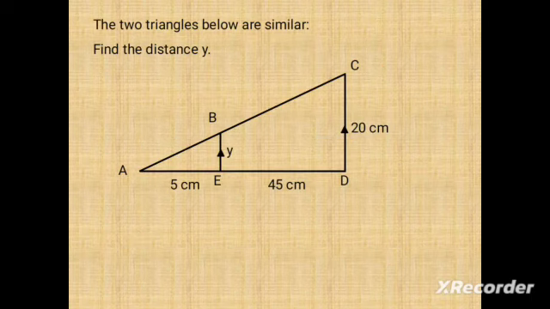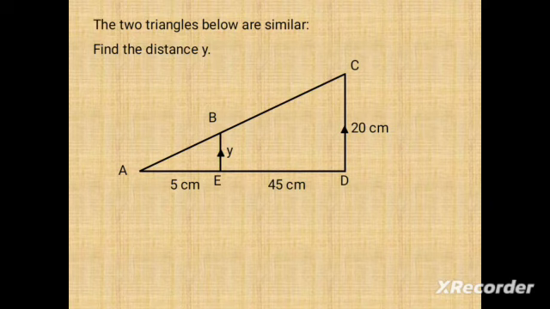Now, another question. Given that the two triangles below are similar, find the distance y. So in this case, we are going to use the scale factor, and then we equate it to another set of corresponding sides.